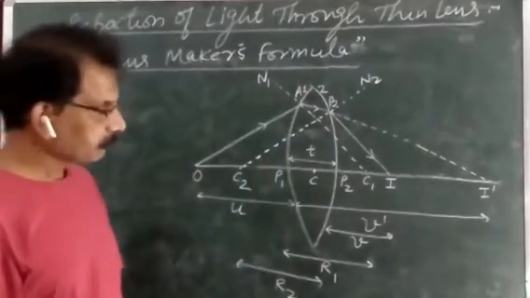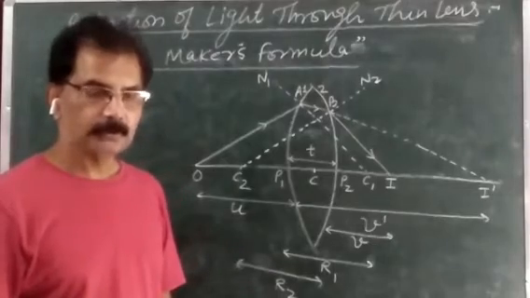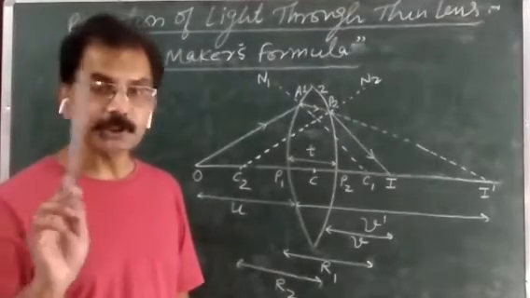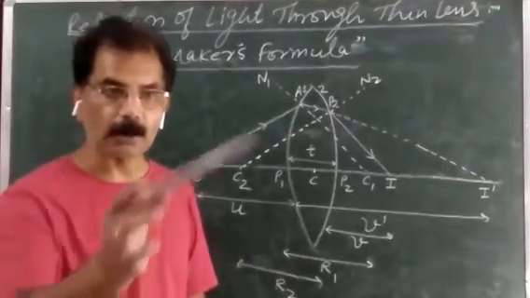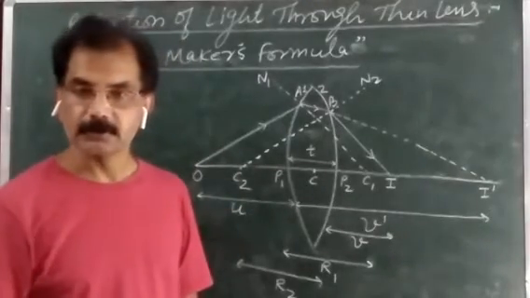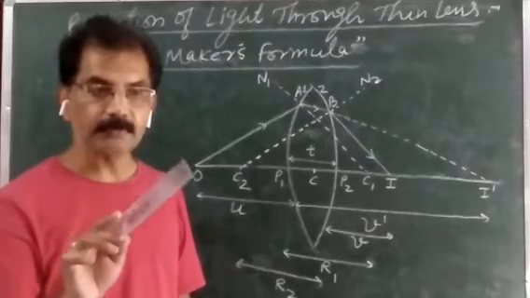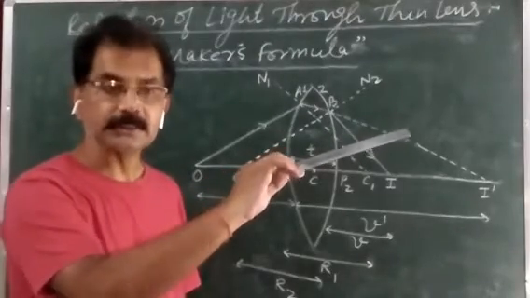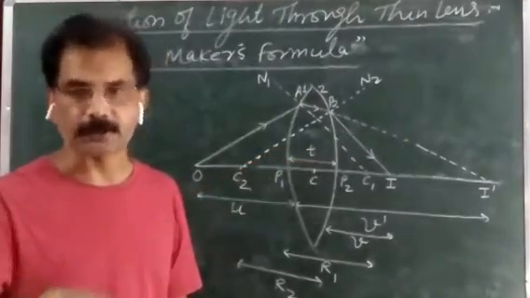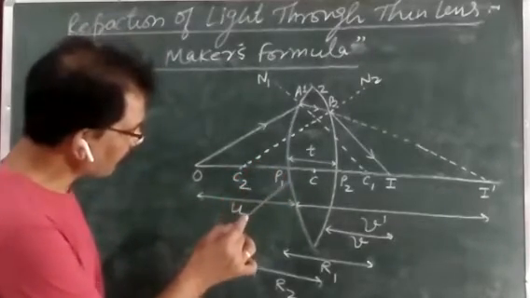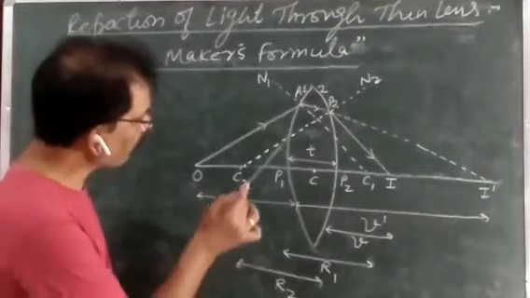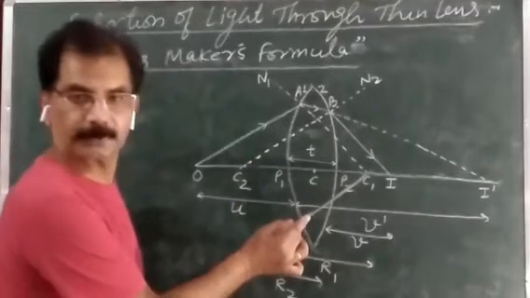Now, next step. What is the normal on these two surfaces? If you want to draw the normal on any spherical surface, you draw a line which passes through its center of curvature. So what is the center of curvature of this first surface? Its center of curvature is C1.